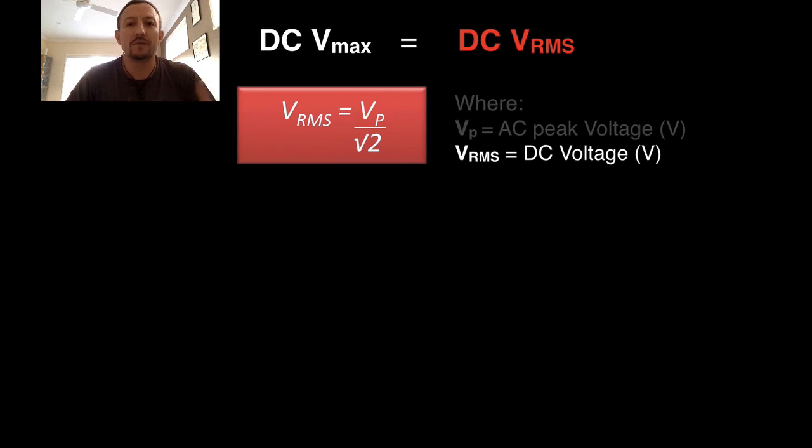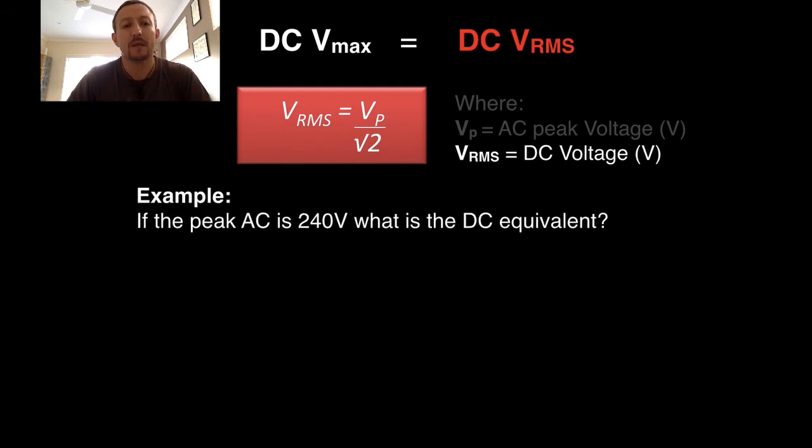To reiterate, to get the maximum DC voltage, it's going to be the root mean square of the maximum peak voltage of AC. So let's have a look at an example. If I've got a peak AC of 240 volts, what I want to know is what's the DC equivalent.